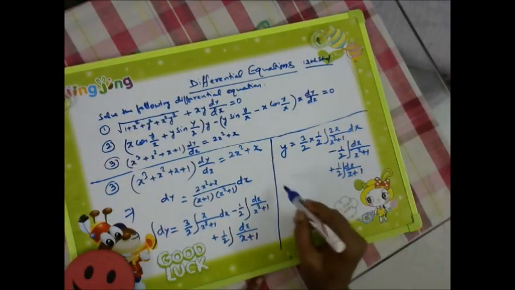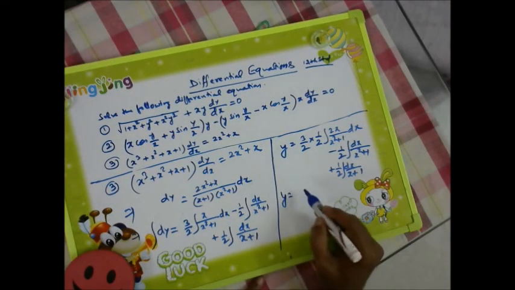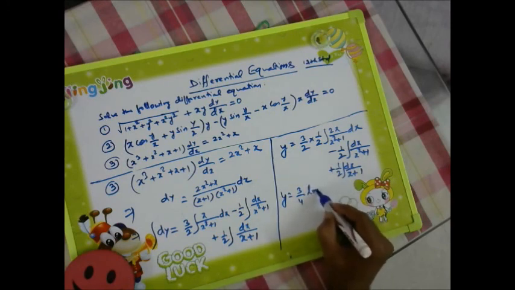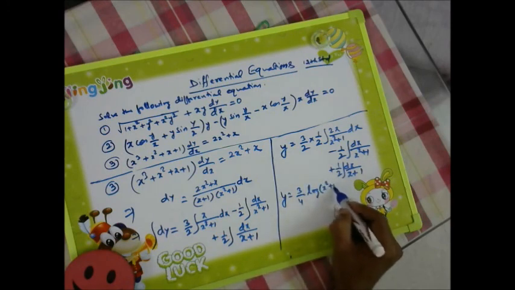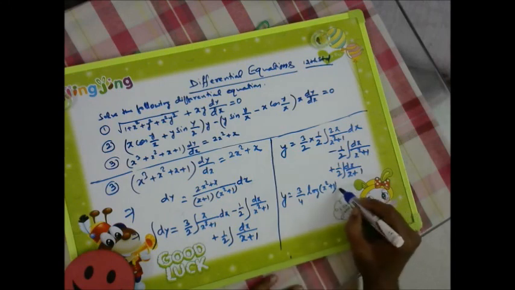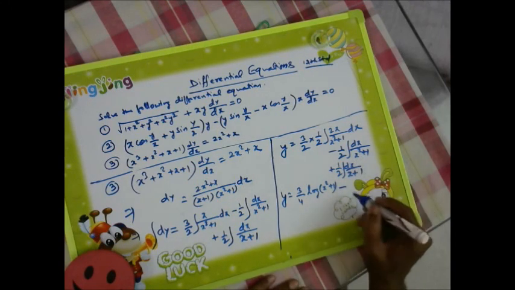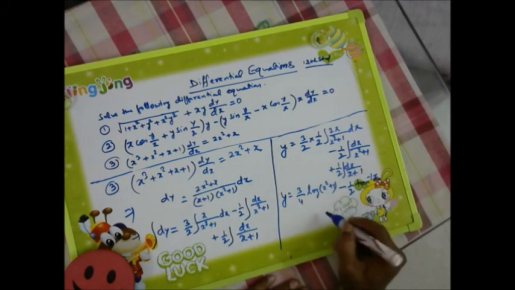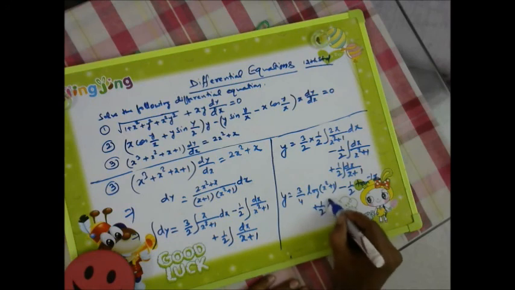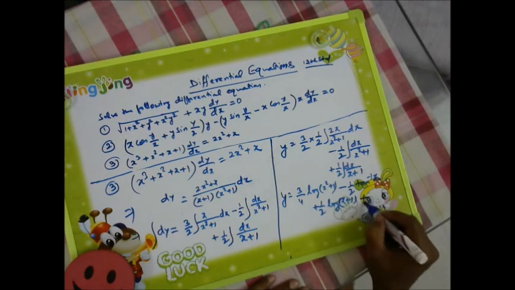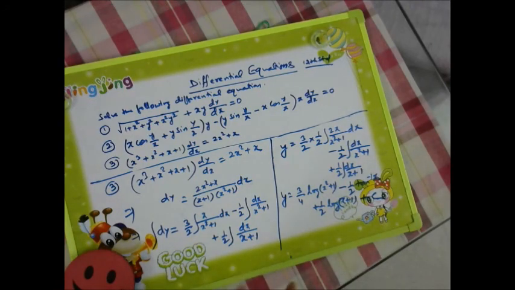So y is equal to 3 by 4 log x square plus 1, then minus, this is the formula of tan inverse x, so half tan inverse x, plus half log x plus 1 plus c is the solution of this particular equation.